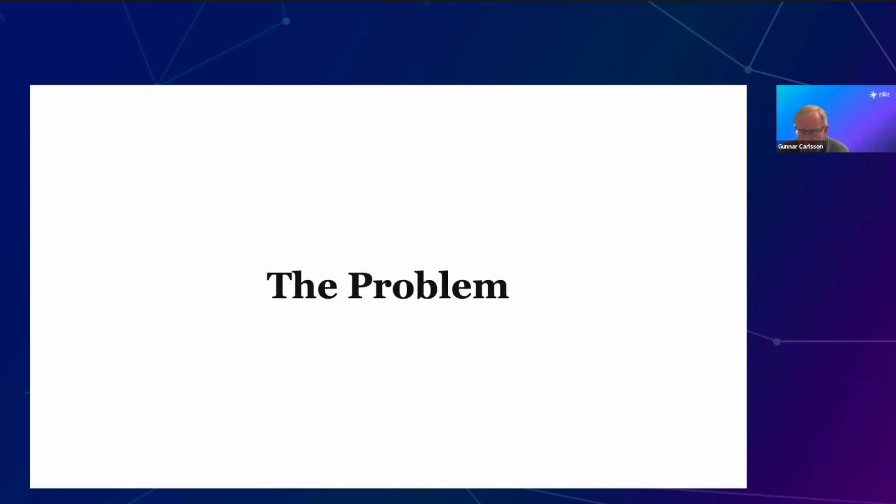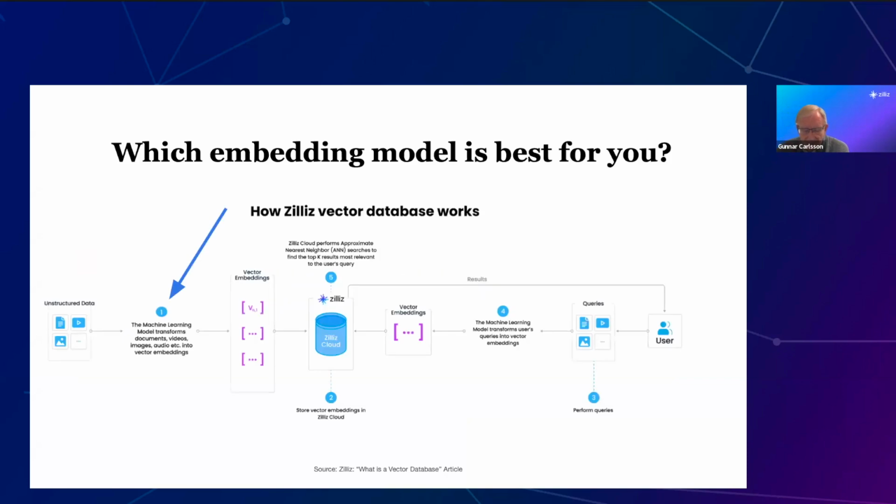So the problem. A core choice for your vector database, in step one in this diagram, is choosing your embedding model. It's what transforms your use case, your data, into a more intelligent representation that the vector database is structured to handle.